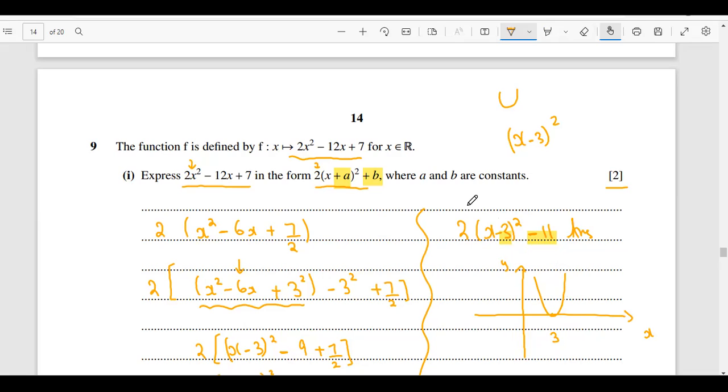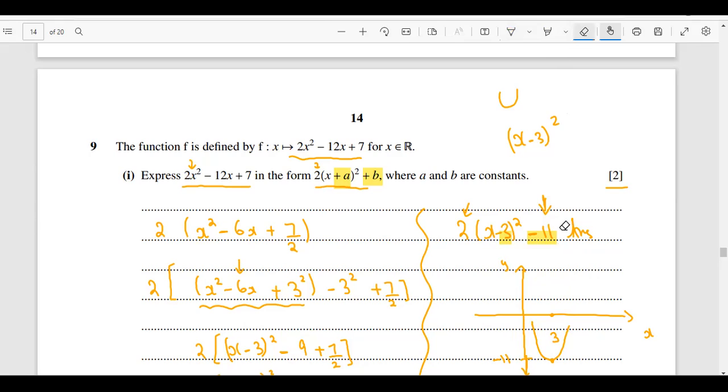Okay. Now this 2 would have an impact, but this 2 would not have any impact on the range. The only impact on range would be whatever we are adding and subtracting to the function, that is minus 11. So I am going to take this 11 units down. So let's say this is minus 11 and this would be the new shape and this would be the turning point now.